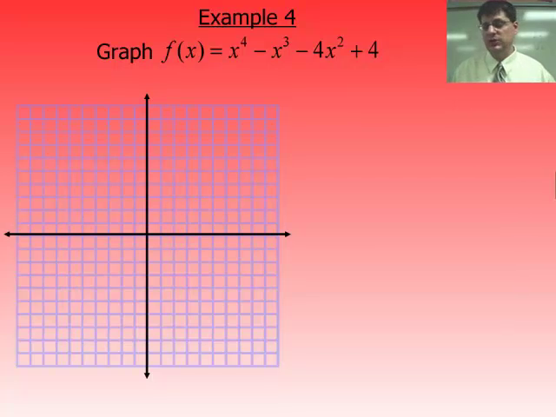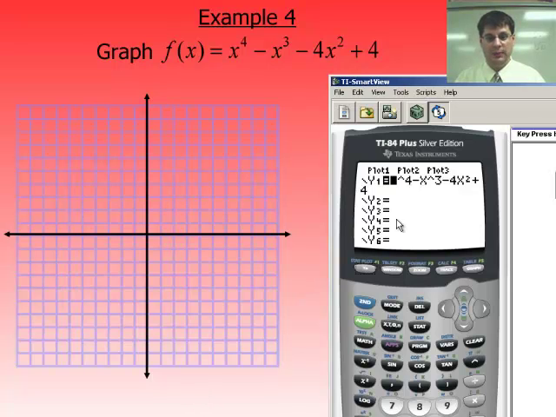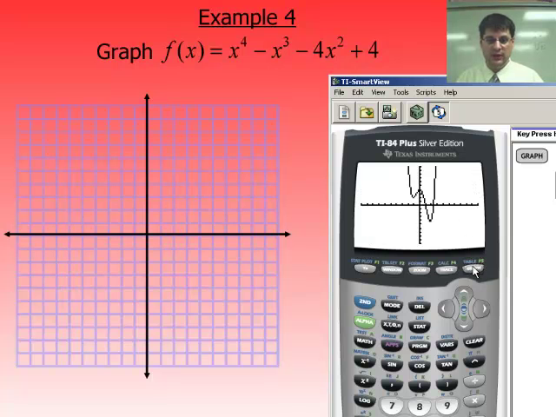We can plug in a whole bunch of numbers, negative, positive, 0, and plot out the points and connect them. But we'll go ahead and use a calculator to assist us with that. So I went ahead and put in y equals x to the fourth minus x cubed minus 4x squared plus 4. And if I graph it using my default window, it looks like this.